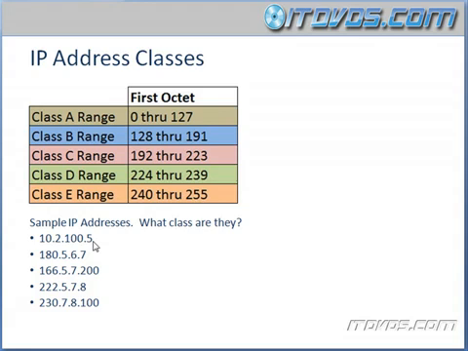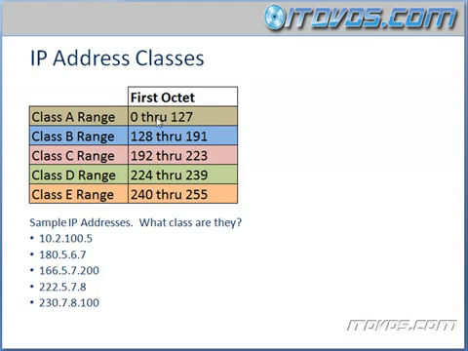So there's 4 octets in an IP address, an IP version 4 address, which has 32 bits, and an octet is 8 bits. So this number 10 is actually 8 bits. This number 2 is actually 8 bits. That's why it's called an octet. But for classes, we're concerned with the first octet.